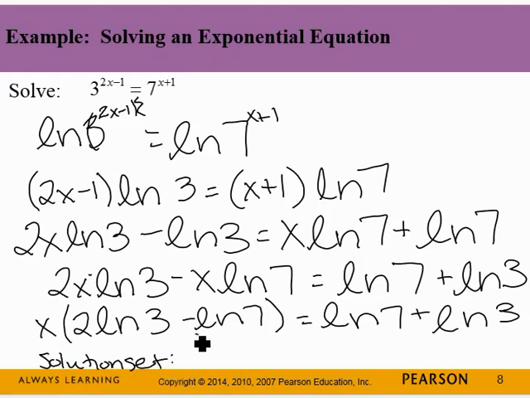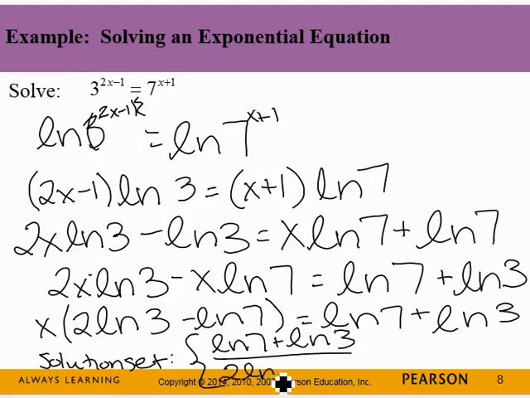So you're going to get your solution set next. If I want to get rid of whatever's attached to my x, I have to divide by it. So that means I'm going to have ln 7 plus ln 3 divided by 2 ln 3 minus ln 7.